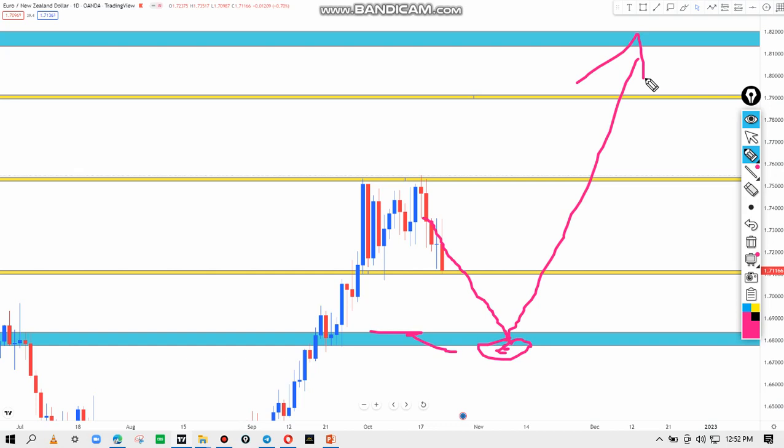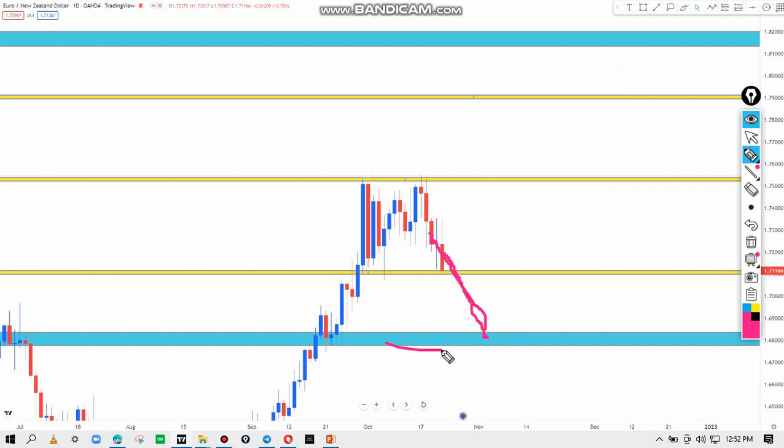Remember, on the weekly time frame, price is in an uptrend, and we are expecting price to come back to complete exhaustion on this weekly zone, where it is going to find buy pressure to move in the overall direction of that particular market.